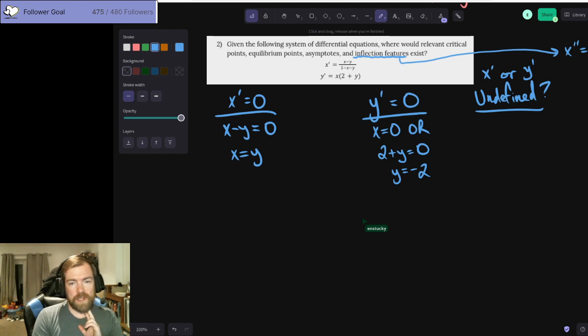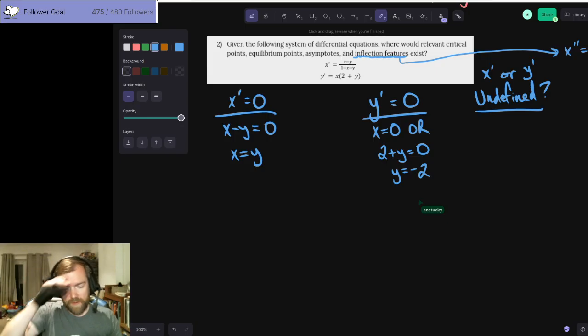And this is a true logical OR. We're allowed to have either of those situations or both at the same time. They are not mutually exclusive from each other, as you might expect from some sort of pre-calculus class, where a lot of times we end up with like quadratics, for example. You've got two different x values which could result in a 0, but that's exclusive. You can only have one or the other. You can't have both at the same time.